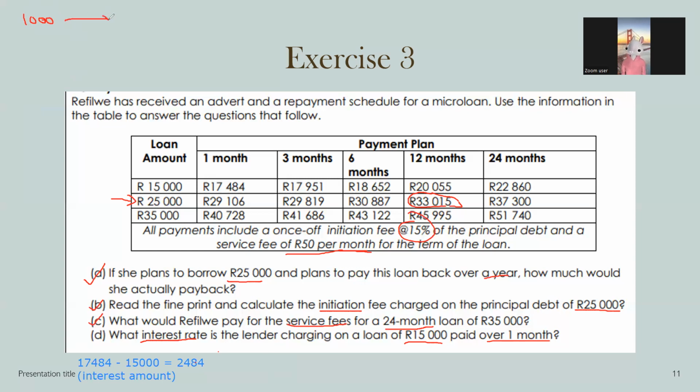You pay me back 1,500 rand, right? Now, what is the interest amount? 500. So I'm just going to put the I for interest, right?